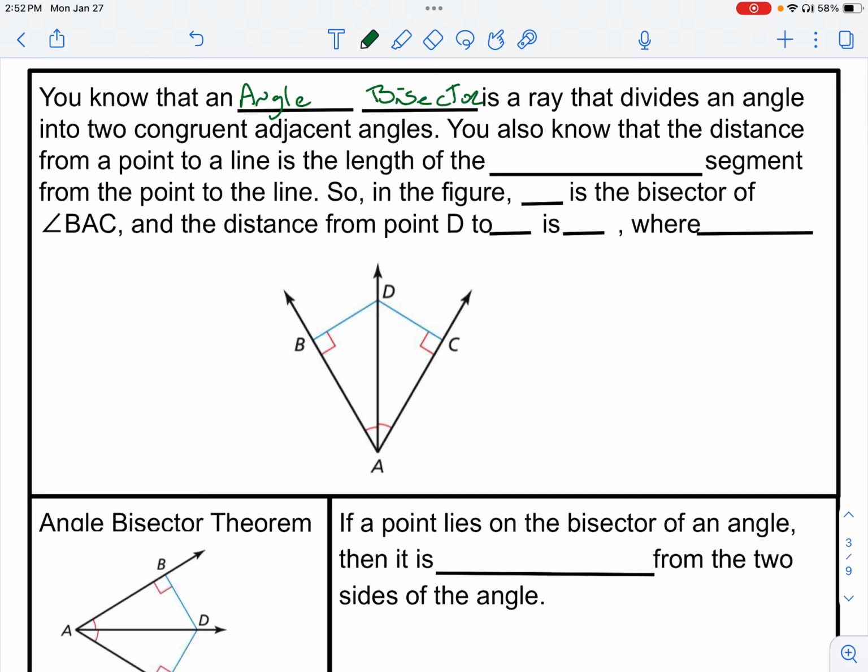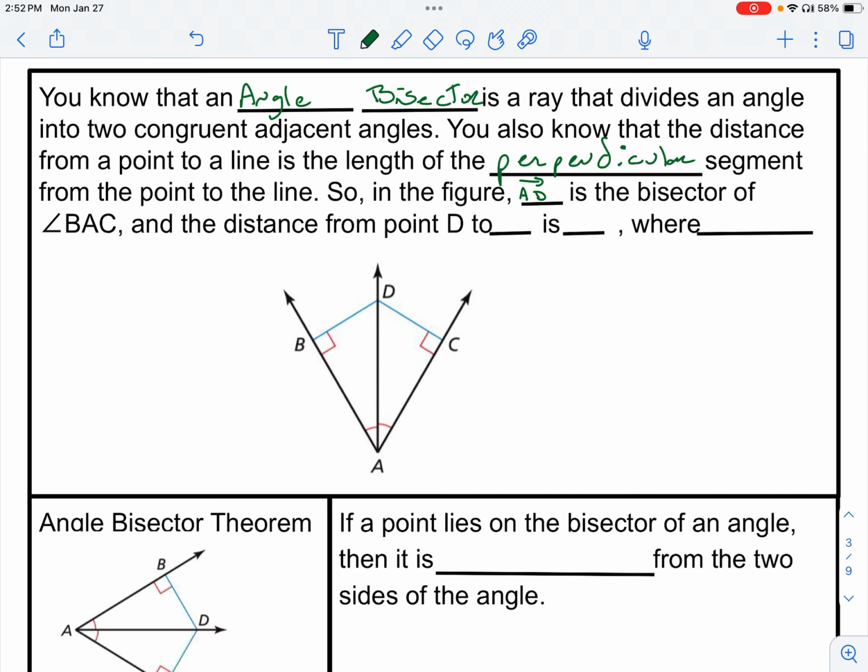We also know that the distance from a point to a line is the length of the perpendicular segment from the point to the line. So in the figure below, ray AD is the bisector of angle BAC.